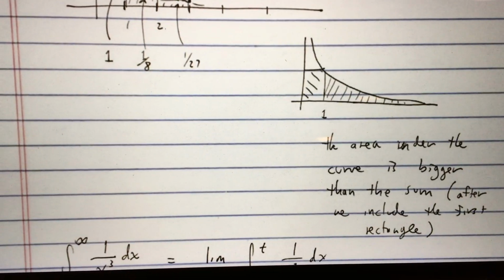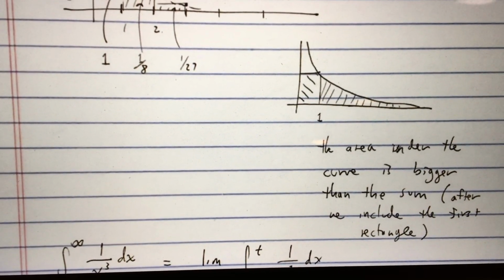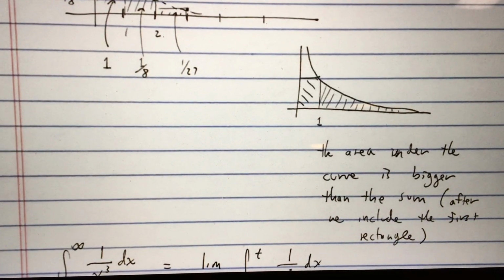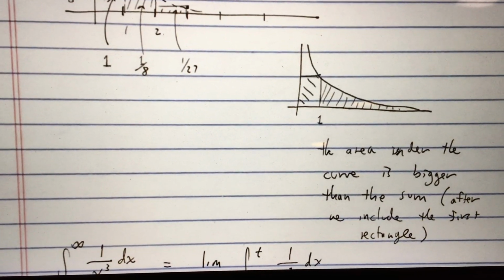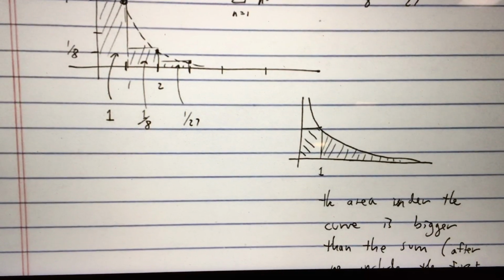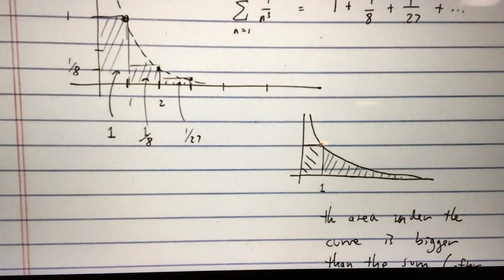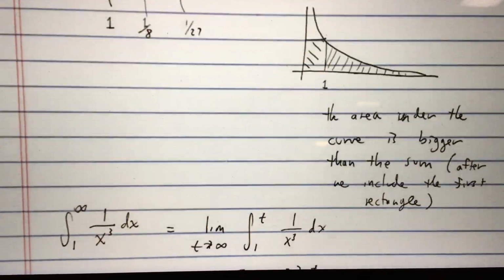So if that area is bigger and it turns out that that area is finite, then so will the rectangles. I won't know what the rectangles add up to, but I'll know that they're finite because they're smaller than a finite number, their total area.